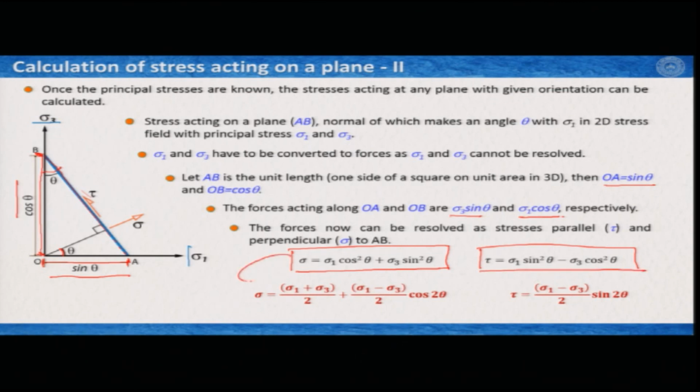And of course, you can do some algebraic manipulations and you would arrive at these two equations. Sigma equals sigma 1 plus sigma 3 divided by 2, plus sigma 1 minus sigma 3 divided by 2 times cos 2 theta, and tau equals sigma 1 minus sigma 3 by 2 times sin 2 theta.